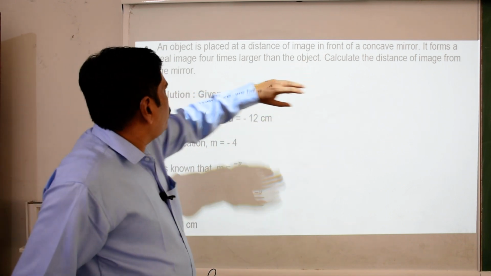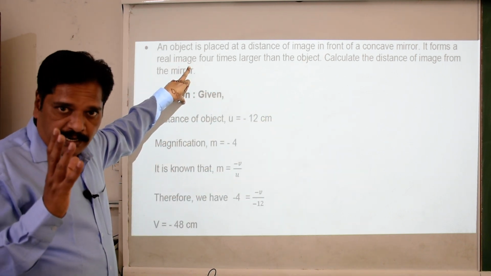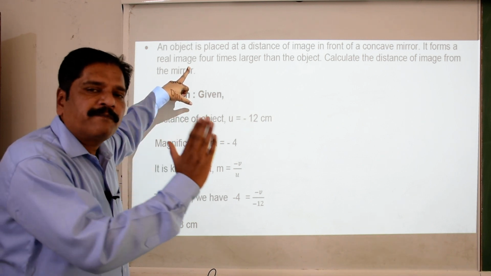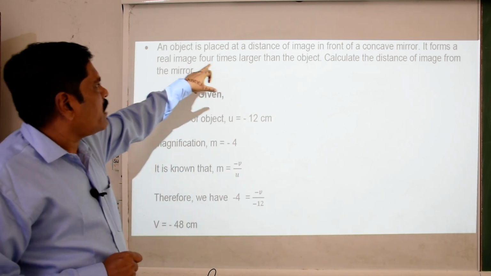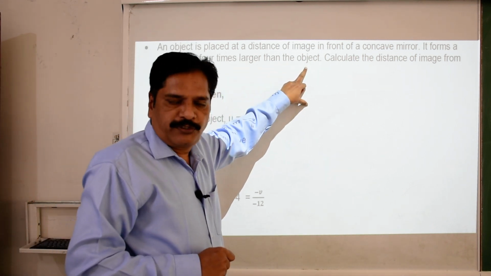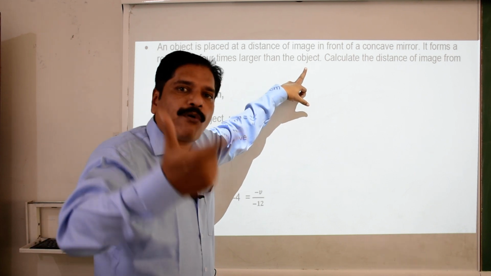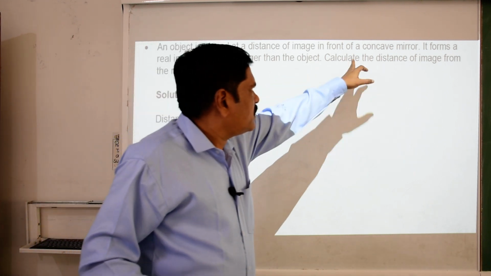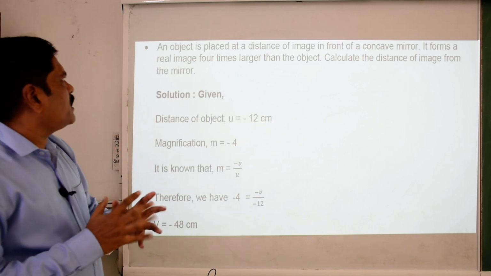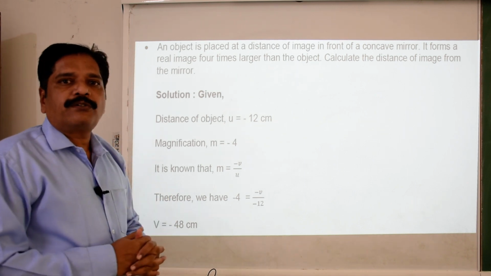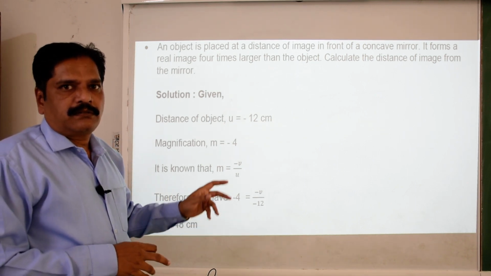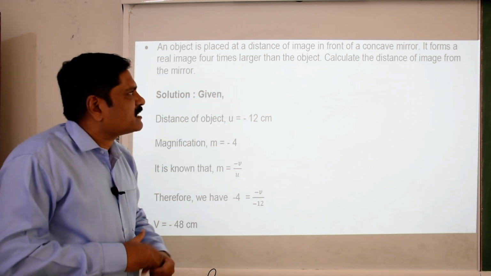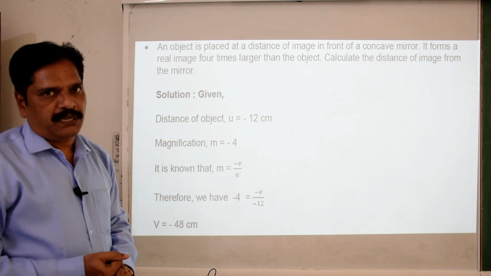Clear? Then it forms a real image. Again, real image, where is it forming? In front of the mirror. Okay, and 4 times larger than the object. What is the size? 4 times larger than the object. Clear? Then calculate the distance of the image from the mirror. So you have to find out the distance of the image from the mirror.